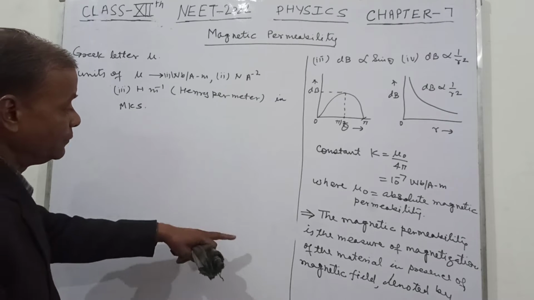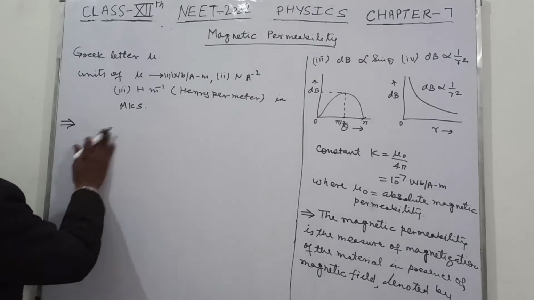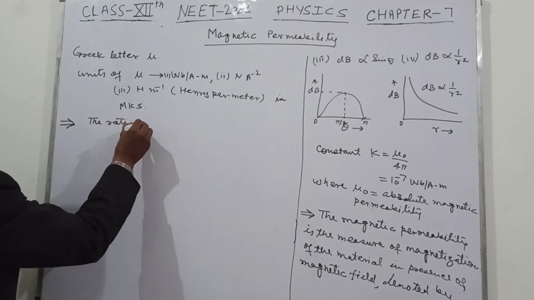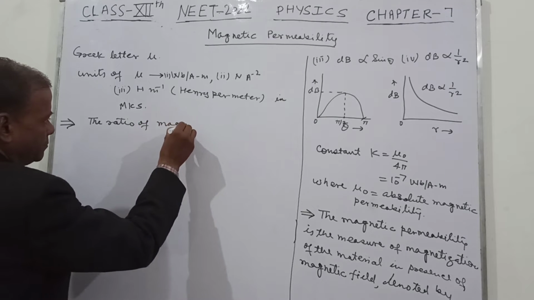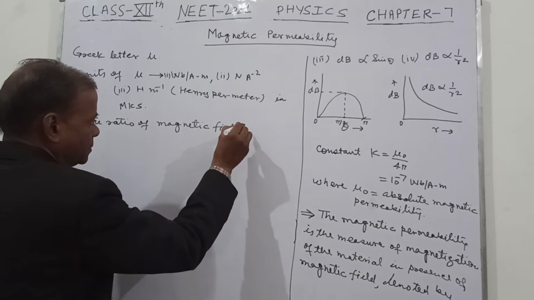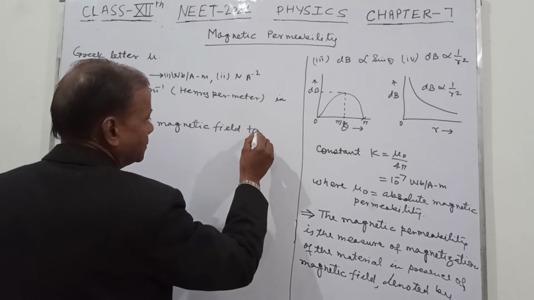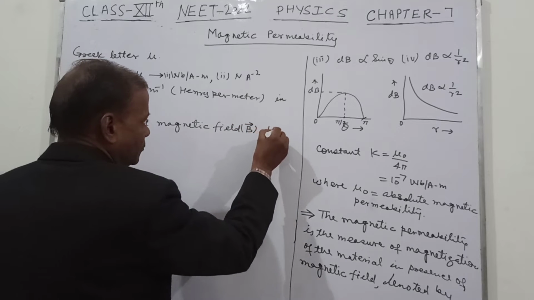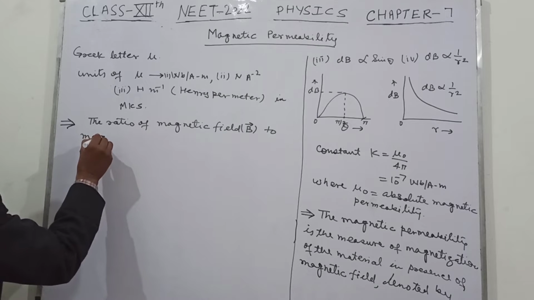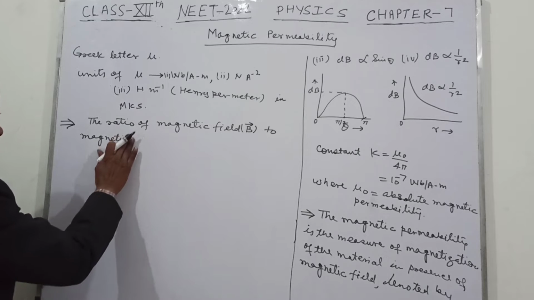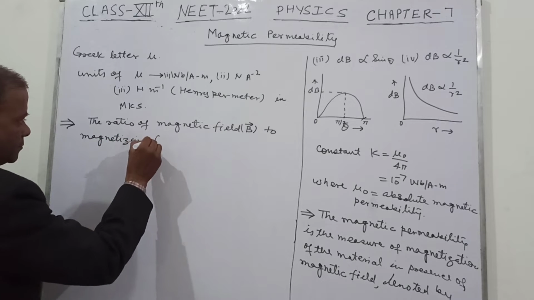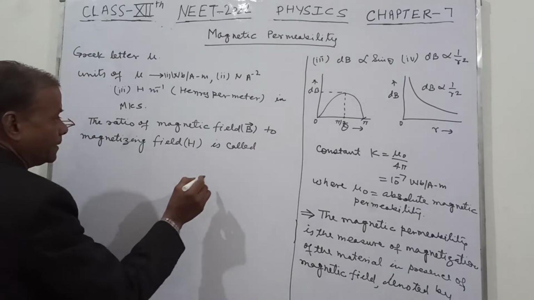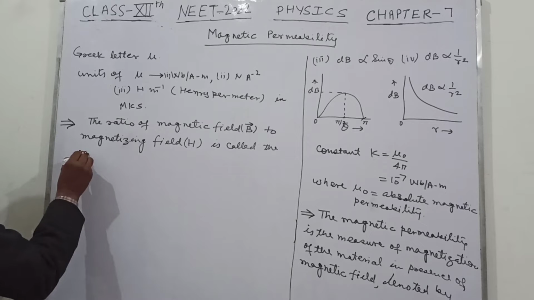Also, now if we take the ratio of magnetic field B to magnetizing field H, it is called the magnetic permeability.